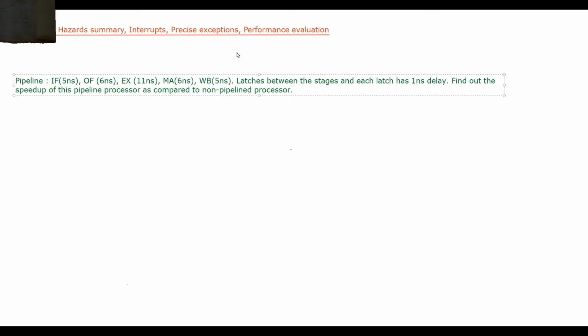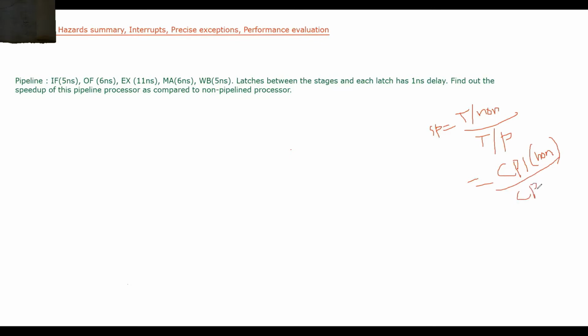But before doing that, we should know what speedup is. What is the equation for speedup? Speedup will be time taken by non-pipelined divided by time taken by pipelined. Okay, or we can say CPI of non-pipelined divided by CPI of pipelined.